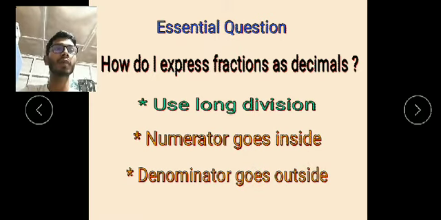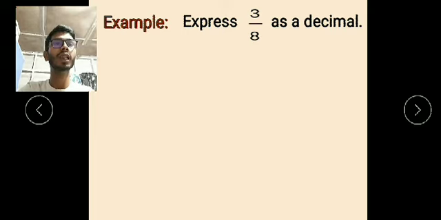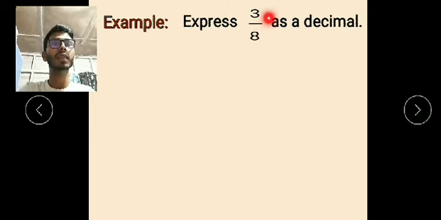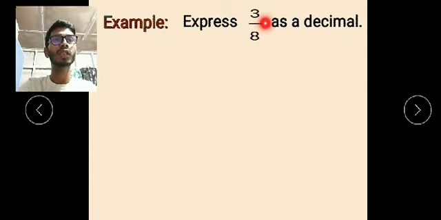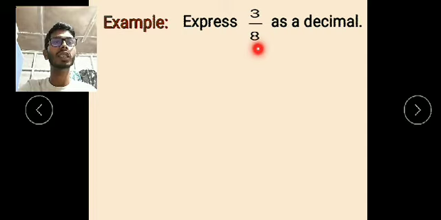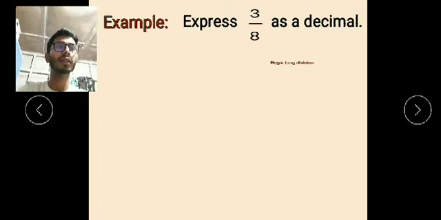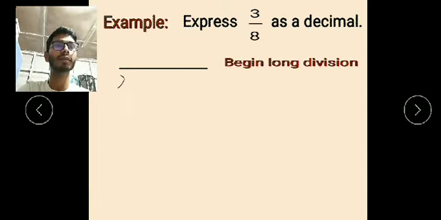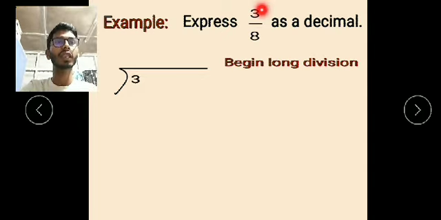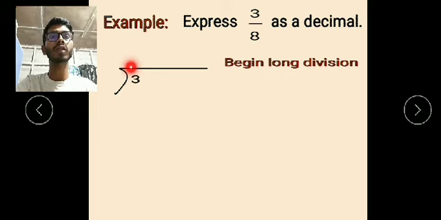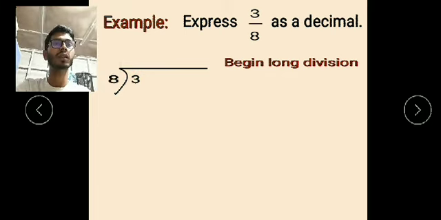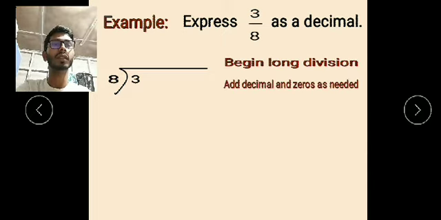Let us see one problem. 3 by 8. As you can see here, 3 is the numerator and 8 is the denominator. So the numerator will go inside and the denominator will come outside. So we can say 3 is divided by 8.